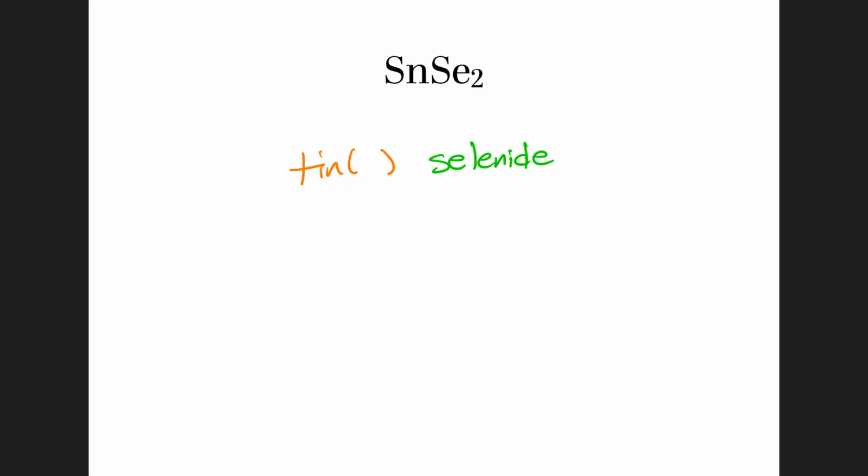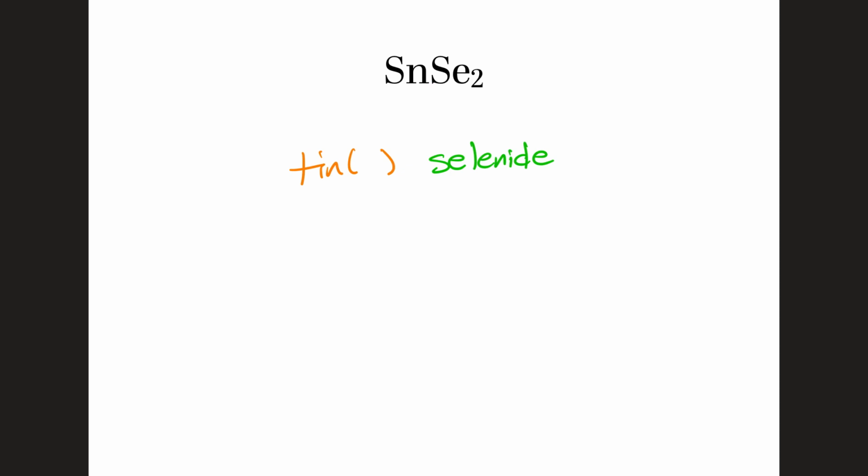So now we have to look at selenium's charge and how many we have in order to determine the Roman numeral for tin. For tin there's no subscript, so we only have 1.